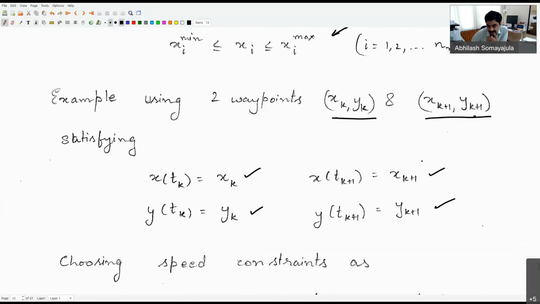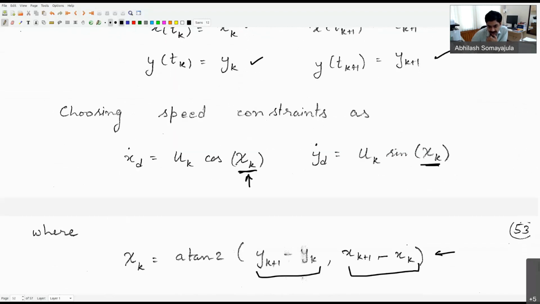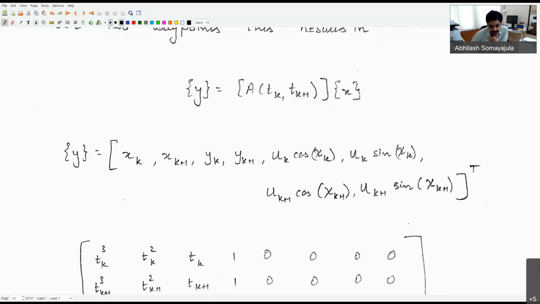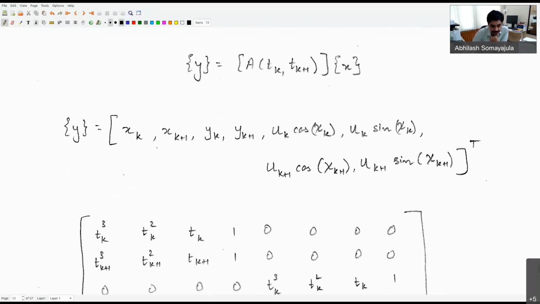Now for two waypoints which are taken as k and k plus 1, we can set up a matrix equation where we are trying to make sure that the speed and the position profiles are matching between them. So at time tk, we know that the x coordinate is xk.